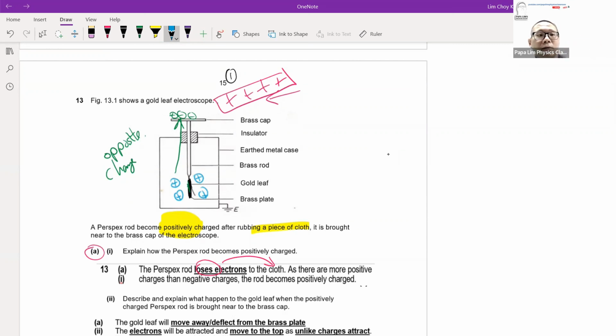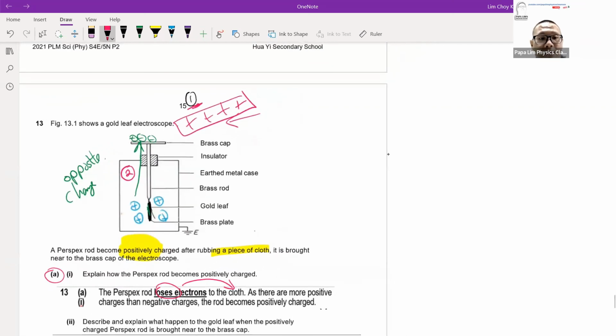What happened now is that because the Perspex rod is brought near, the electrons from the gold leaf move up to the surface, because opposite charges attract. What is left behind is all the positive charges.